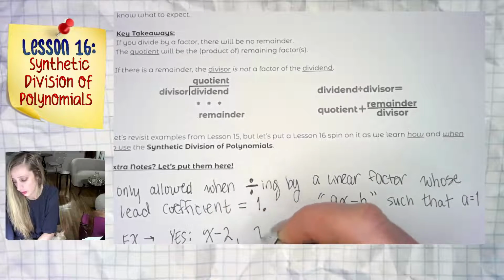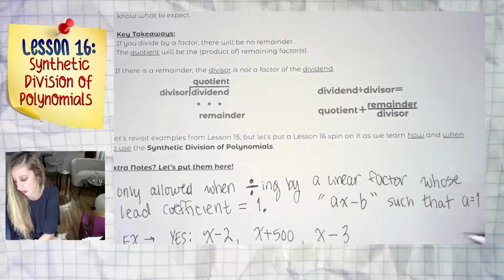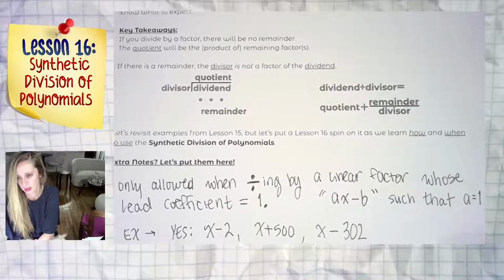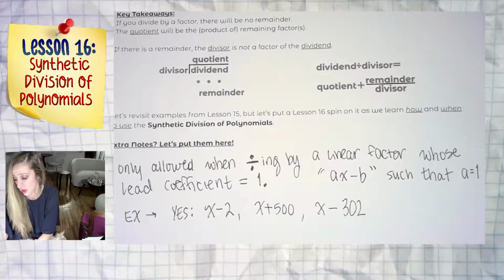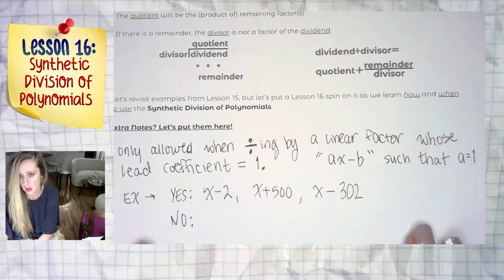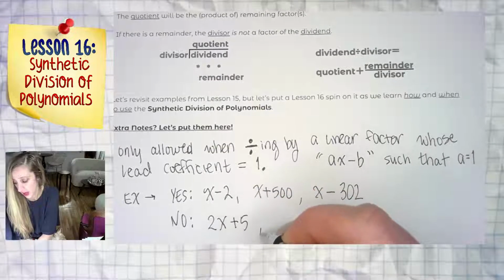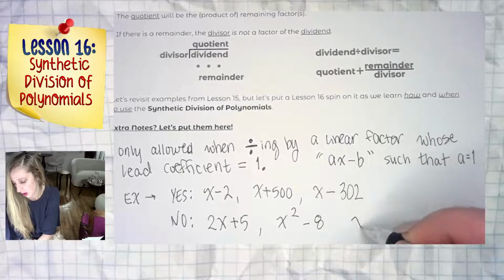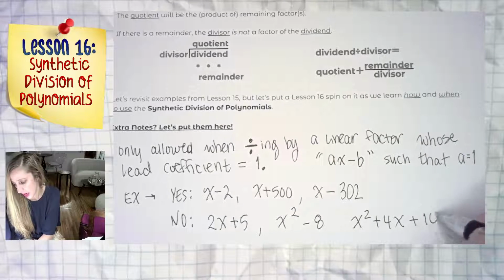X minus 2, x plus 500, x minus 302. Those are all examples of something that we can use as our divisor, and something we cannot use as our divisor, well, that would be 2x plus 5, x squared minus 8, x squared plus 4x plus 10.